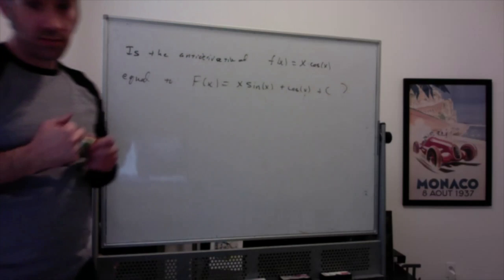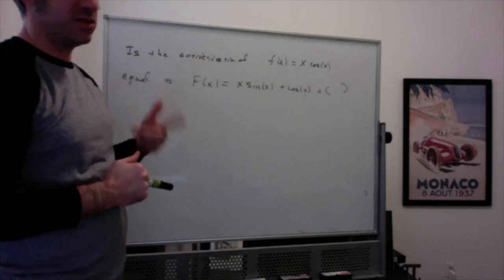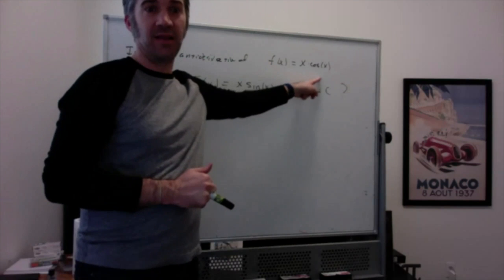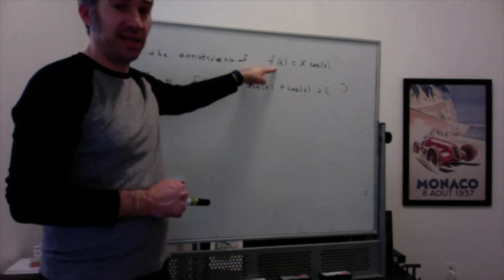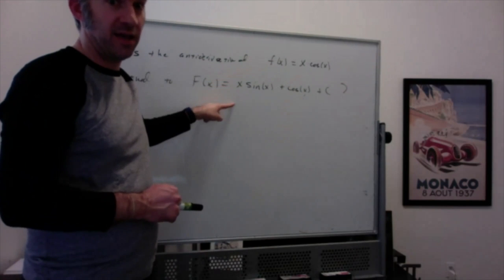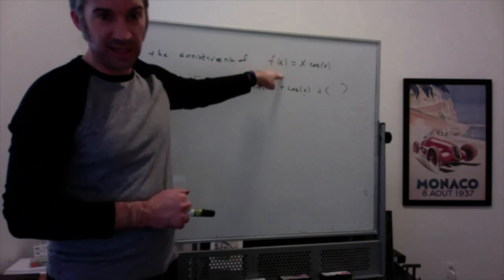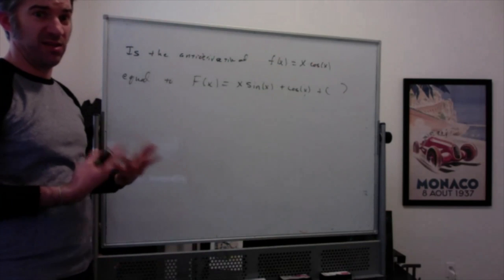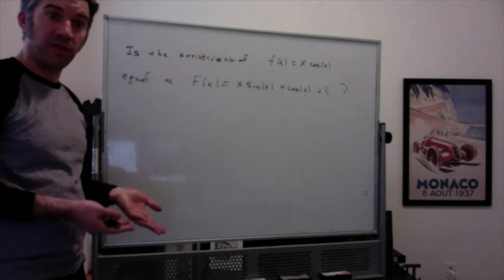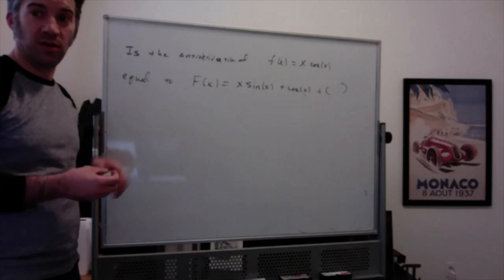And again, the point of this question is not to try to actually find the antiderivative of this. The point is that if the antiderivative of this is that, then the derivative of that is this. So if someone ever asks you, is the antiderivative of this thing this other thing, take the derivative of the other thing and see if you get the function you're supposed to start with.